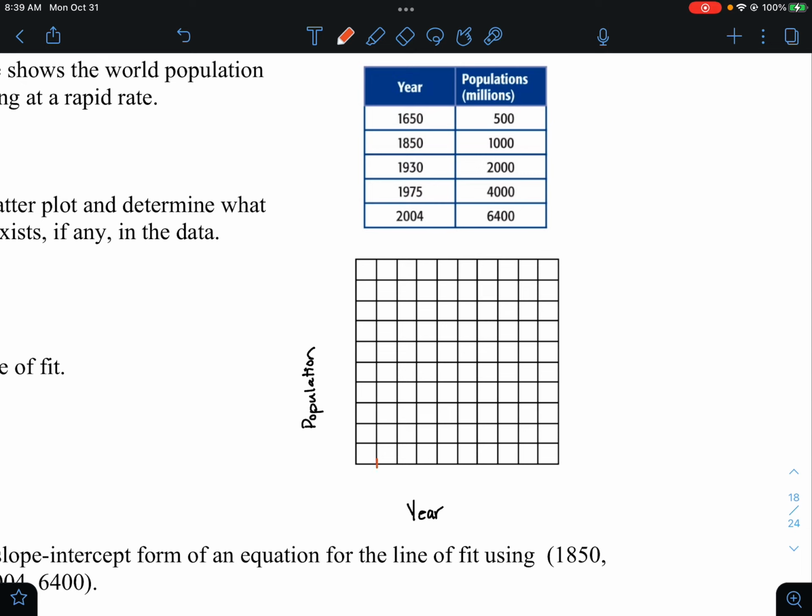So if I do 1650, 1750, 1850, 1950, could work, but I want to make it a little bit better.